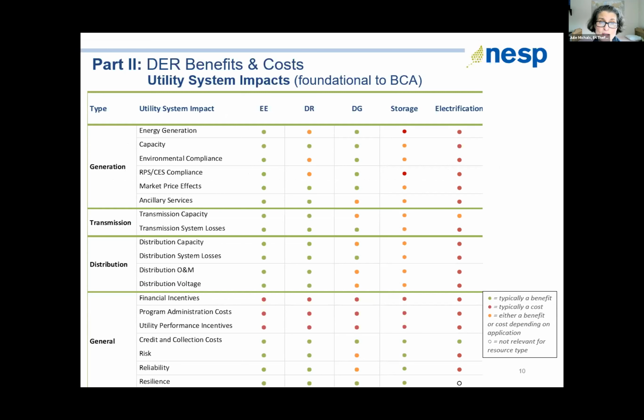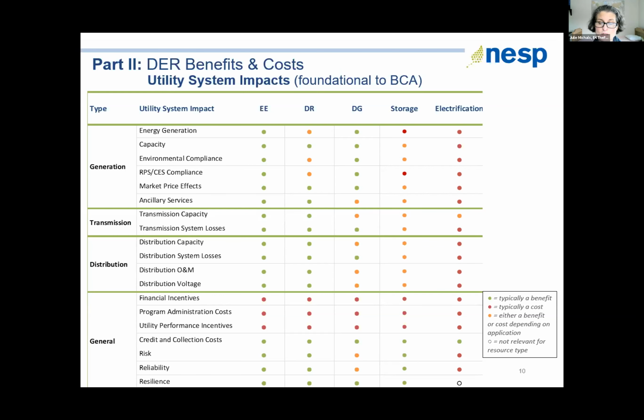So in part 2 of the NSPM, you'll see a whole section that's dedicated to the universe of different costs and benefits for utility system impacts, and then non-utility system impacts. What are the types of costs and benefits? How are they defined? So it's more of a library with some information on whether certain impacts are typically a benefit, a cost, or they may depend on certain use cases.